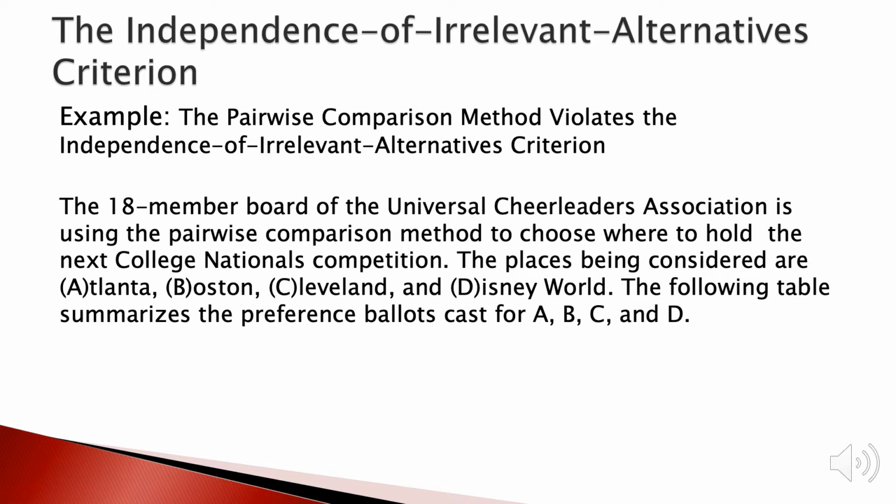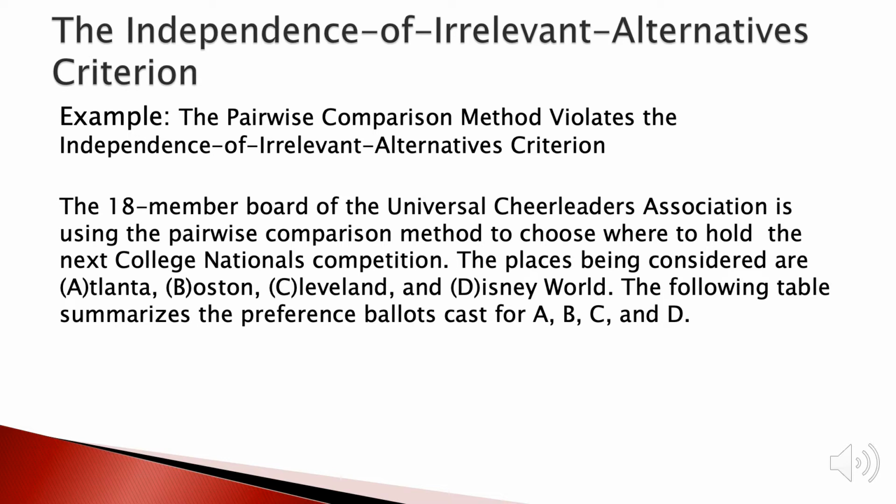The next example shows the pairwise comparison method can fail the independence of irrelevant alternatives criterion. A board of 18 members votes for the place to hold a meeting by the pairwise comparison method by the given preference table.